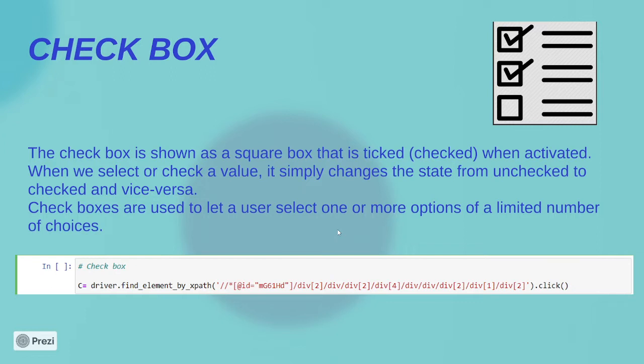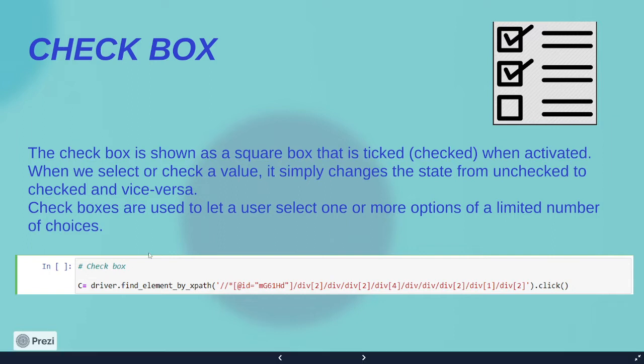If a checkbox is already selected and a user clicks on it, it will change to unselected. And vice versa, if a checkbox is already unselected and a user clicks on it, it will be selected. Also in checkboxes we can select one or more options from the given set of options. Here I have also shown code that enables us to select options from a checkbox.